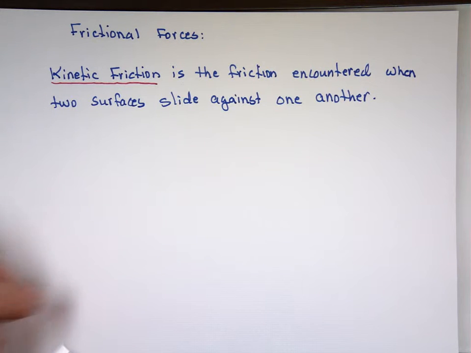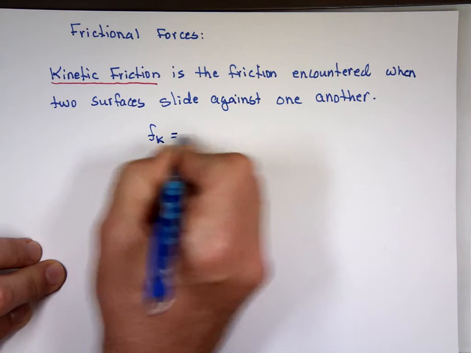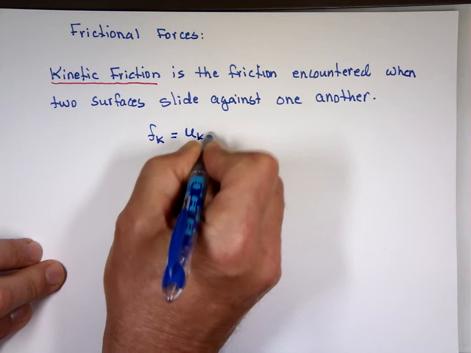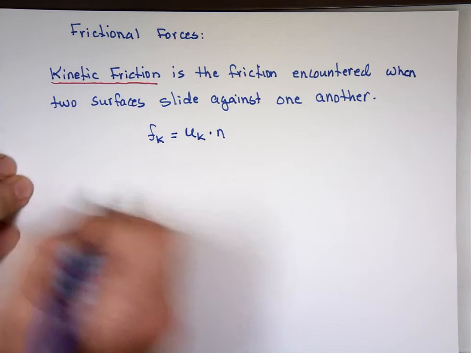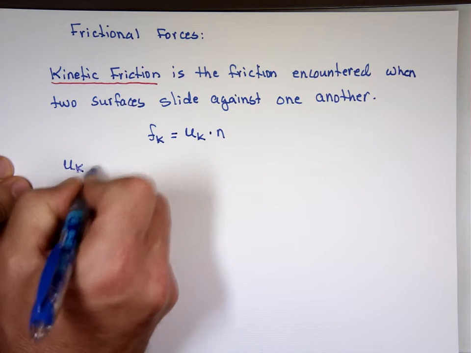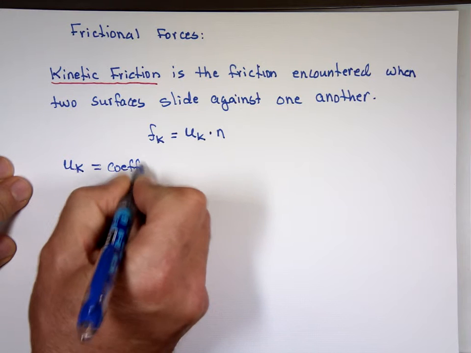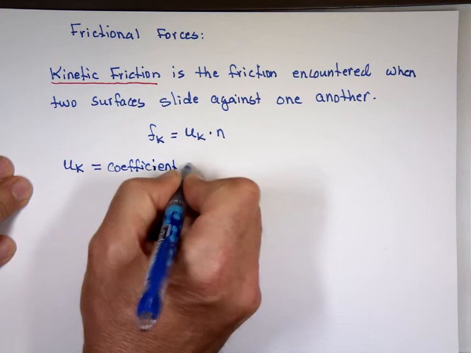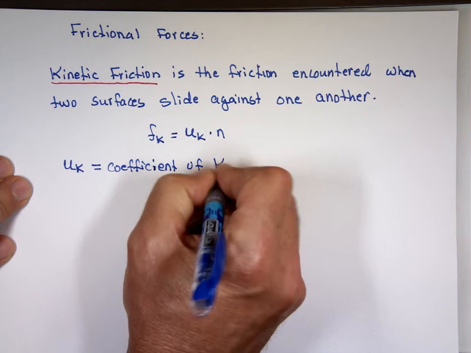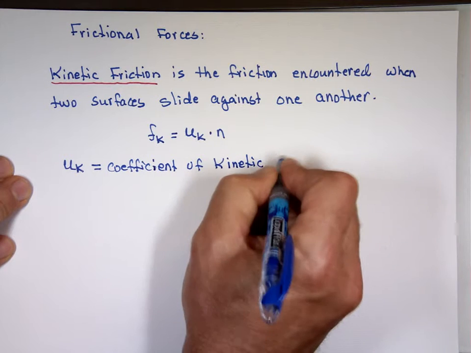Now, to calculate the kinetic friction, we call that F of K. It is mu K times N. And mu K is known as the coefficient of kinetic friction. That's a constant.